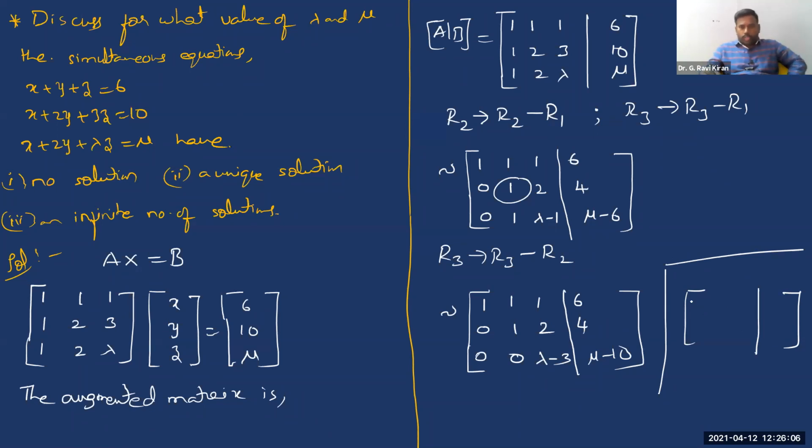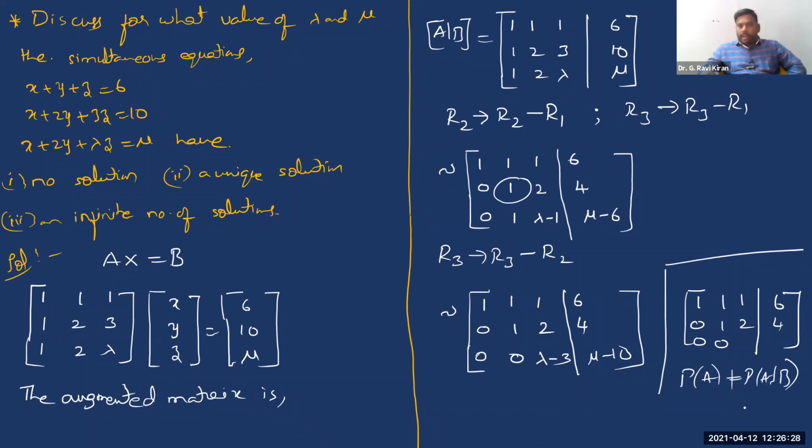To get no solution, see, I'm just taking all the elements as they are. These 2 rows: 0, 1, 2, 4. Now see here you have 0, 0, and these 2 are the unknowns now. To get no solution, as per our method, the ranks must not be equal.